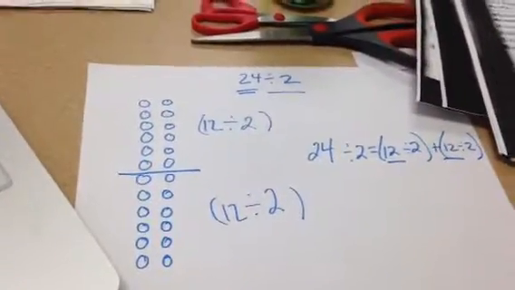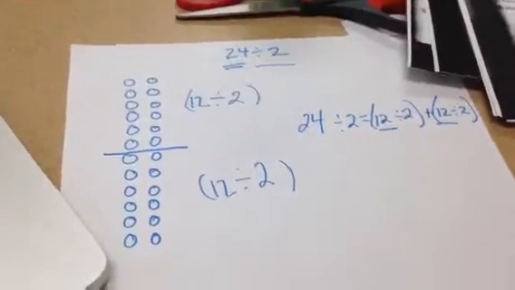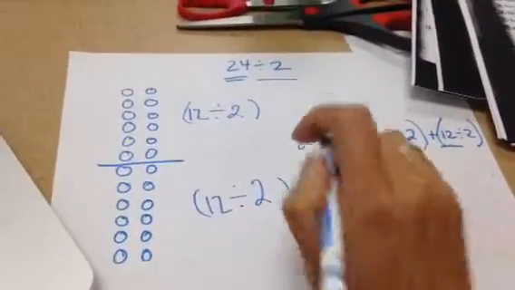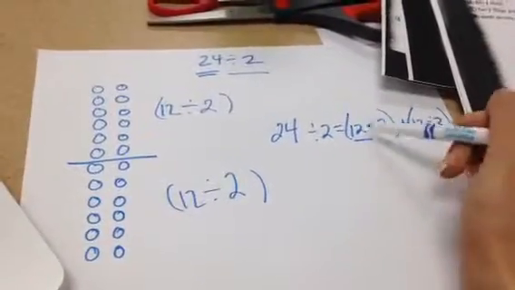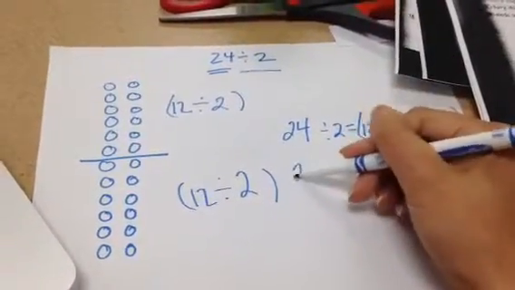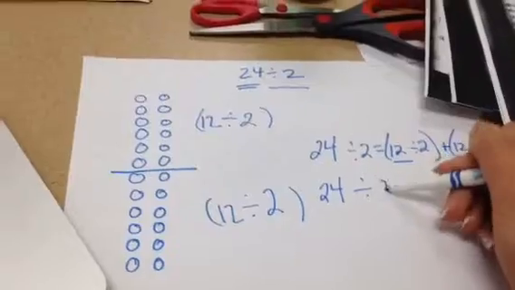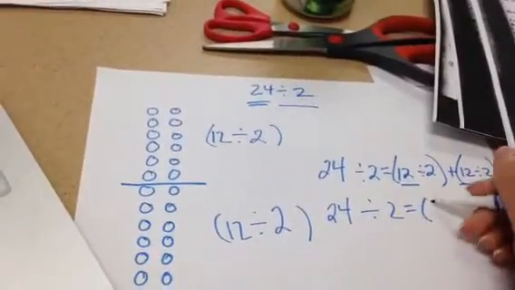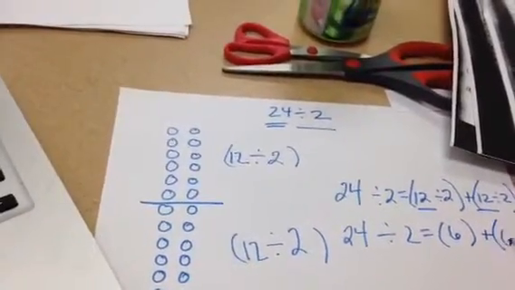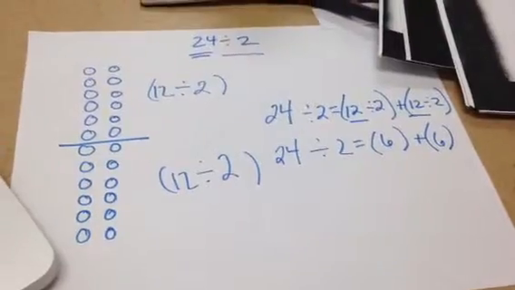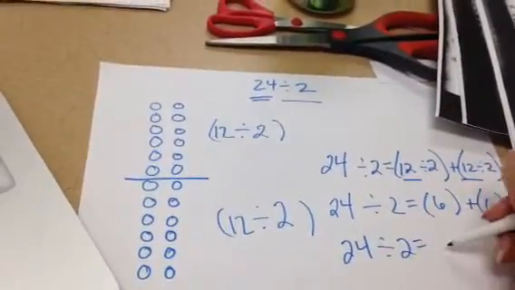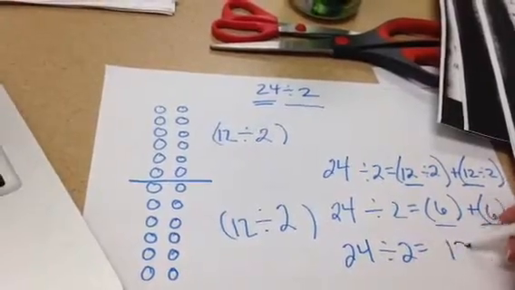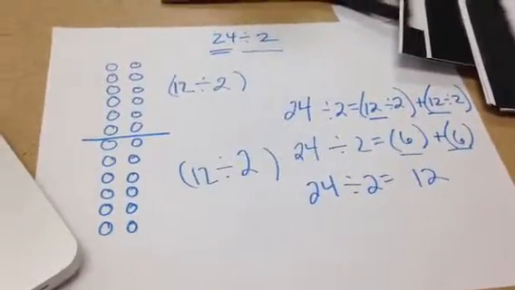I also know that 12 can be divided by 2 because it is an even number. So then I distributed the divided by 2 to these 2 equations. Now I have to find the total of both of those equations. They should be the same because they're the same equation, 6 plus 6. Finally, 24 divided by 2 equals those 2 numbers added up, which is 12.